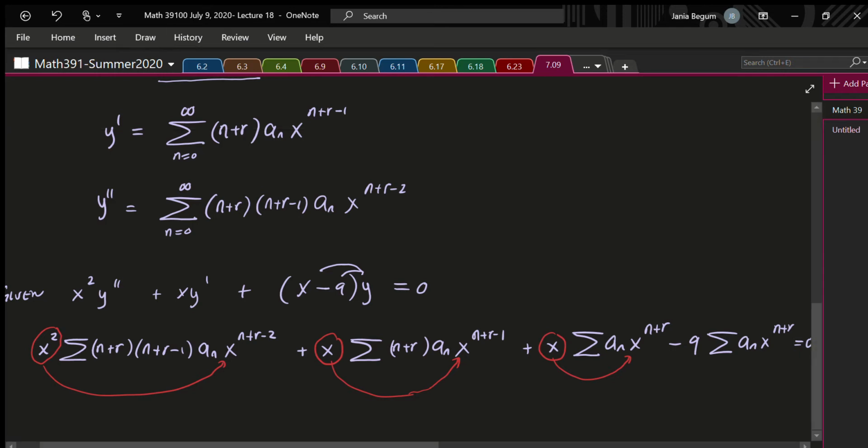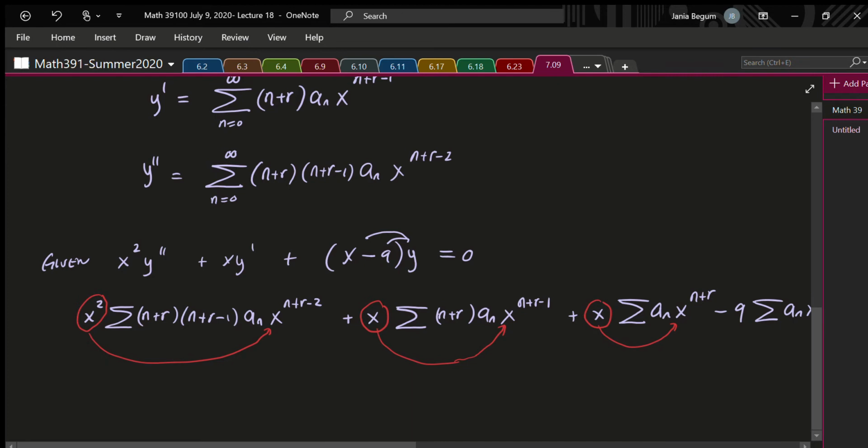So continuing with that, we have the sum of (n plus r) times (n plus r minus 1) a_n x to the n plus r. So the minus 2 and the plus 2 cancel out. And then for the second summation, as you push the x inside the summation, that negative 1 power of x will drop. So you have the sum (n plus r) times a_n x to the n plus r.